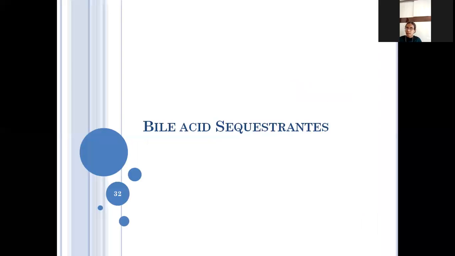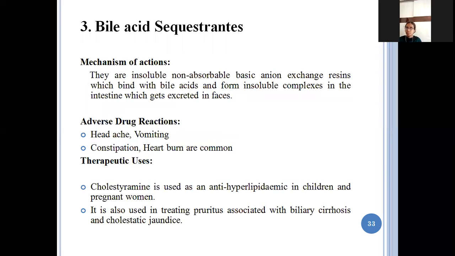Next, bile acid derivatives. These are insoluble and non-absorbable basic anion exchange resins. They bind with the bile acids and form insoluble complexes in the intestine, which get excreted in the feces.